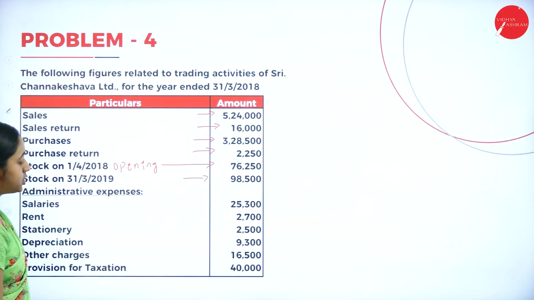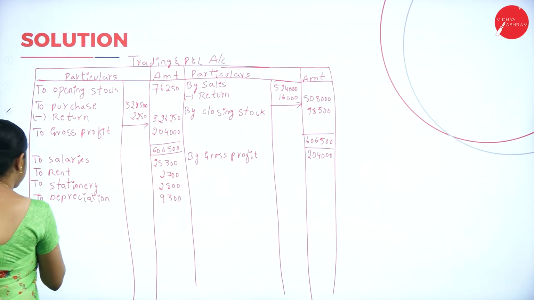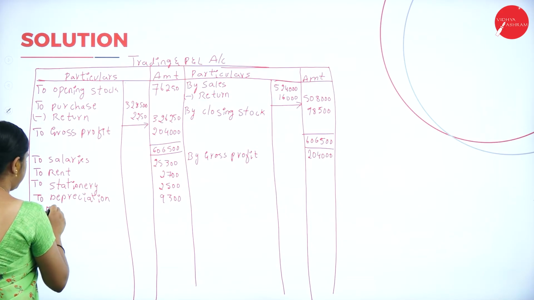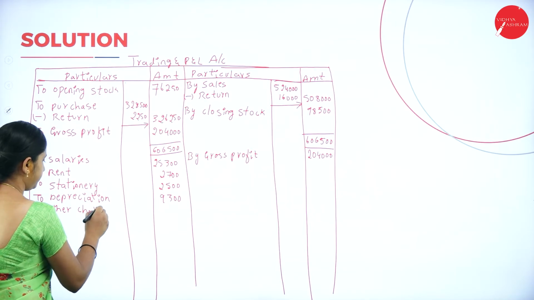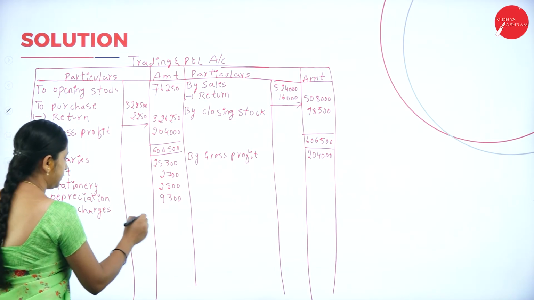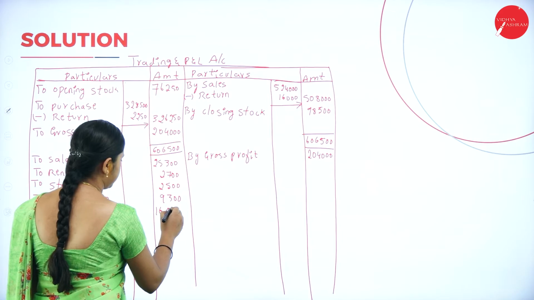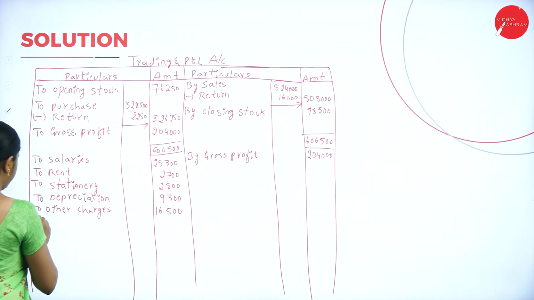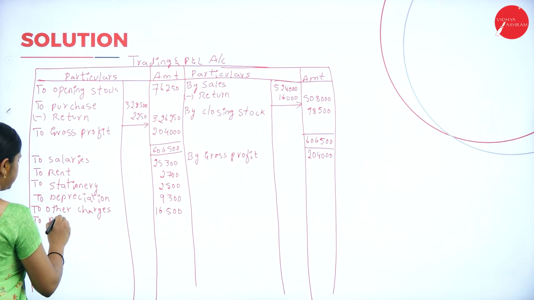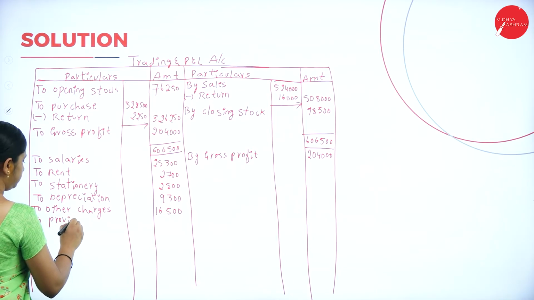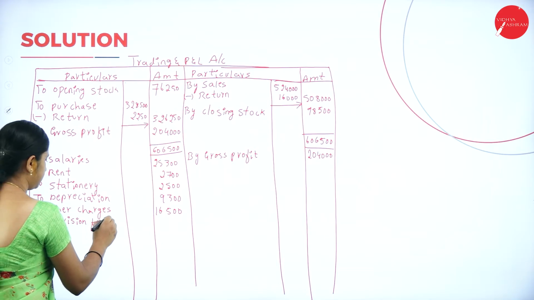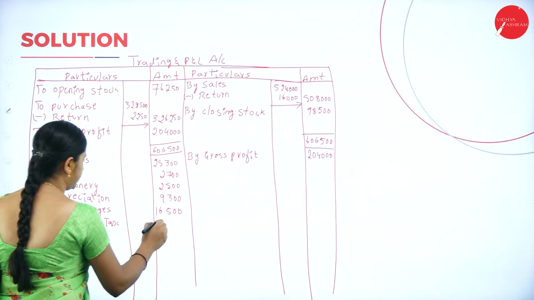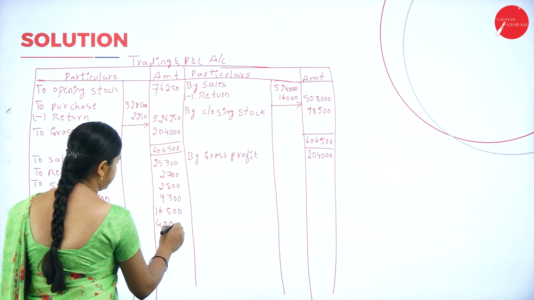Provision for taxation 40,000. Other charges 16,500. To provision for tax 40,000.